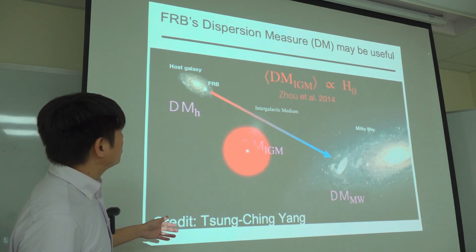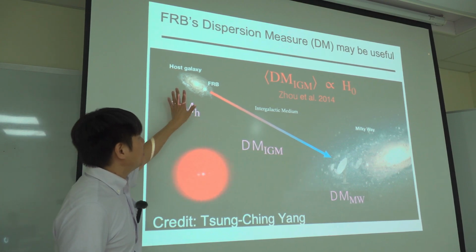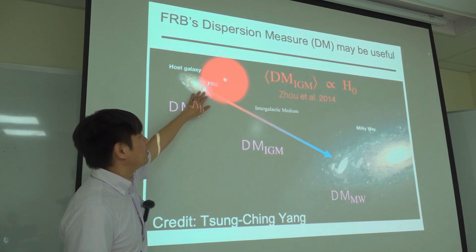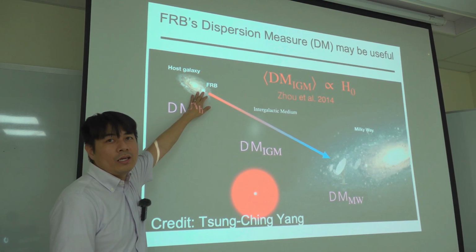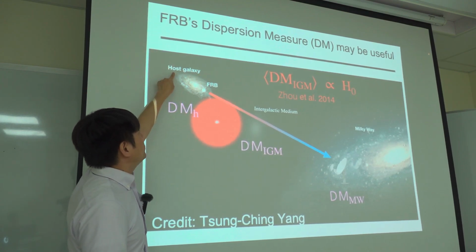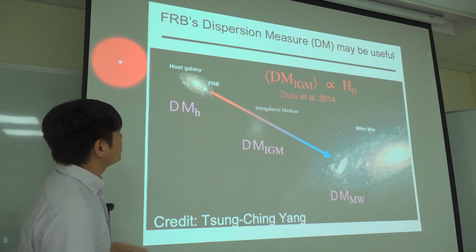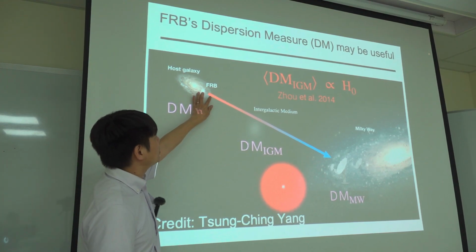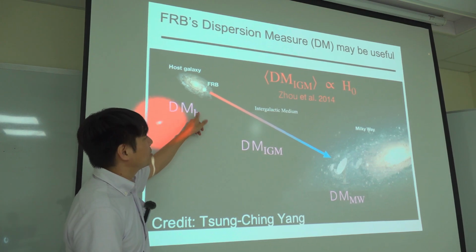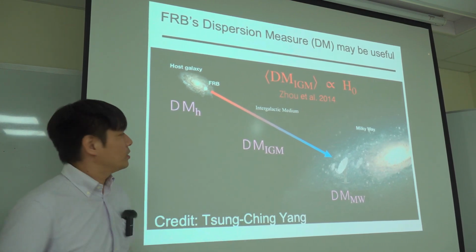This includes plasma in the host galaxy, the galaxy in which the FRB happens. Within this galaxy there should be plasma, and this is included in the observed dispersion measure.